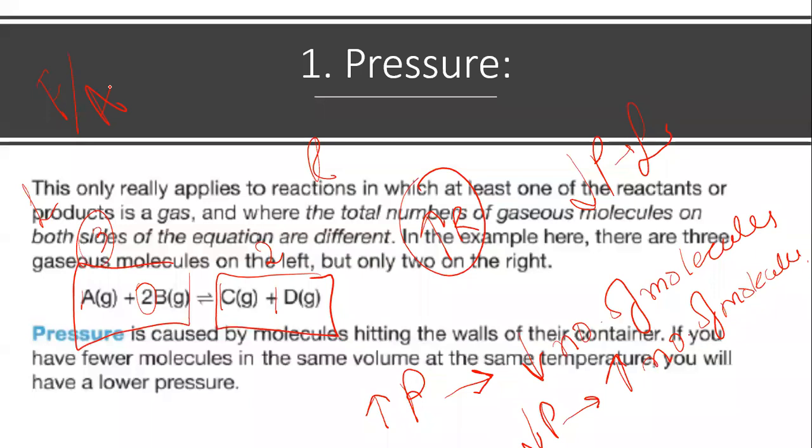So now you have increased the pressure. What's going to happen? The equilibrium is going to shift to the side where there are less number of molecules. Why? The less number of molecules you have, the less collisions with the wall of the container. The less collisions with the wall, the less force per unit area, and because of that, the pressure comes down to an equilibrium level. That is why the reaction will go forward.